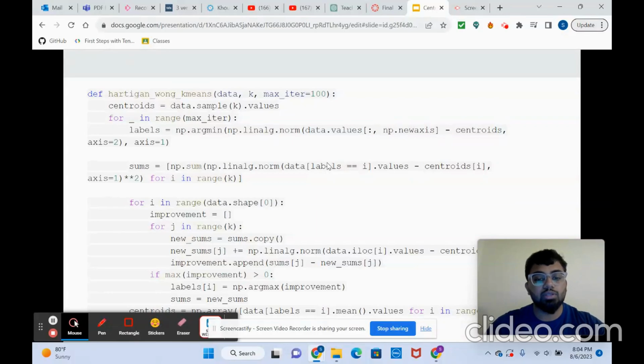Now we calculate the difference in the Euclidean distance as a means of improvement. And if the difference is positive, then we update the assignment to the new cluster where the improvement is positive. We run this until either there are no further improvements or it reaches the maximum iteration limit of 100.